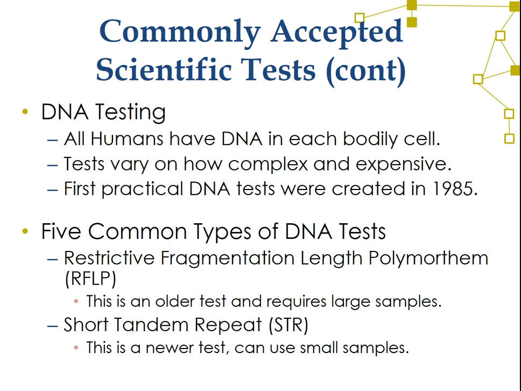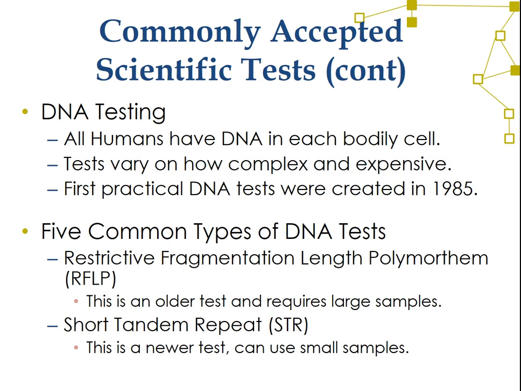Now, due to the uniformity of DNA throughout the body, a semen sample, let's say, found at a crime scene can be matched to a blood sample taken at a clinical laboratory or a cheek swab obtained at a police station. And DNA evidence is now admissible in all states.